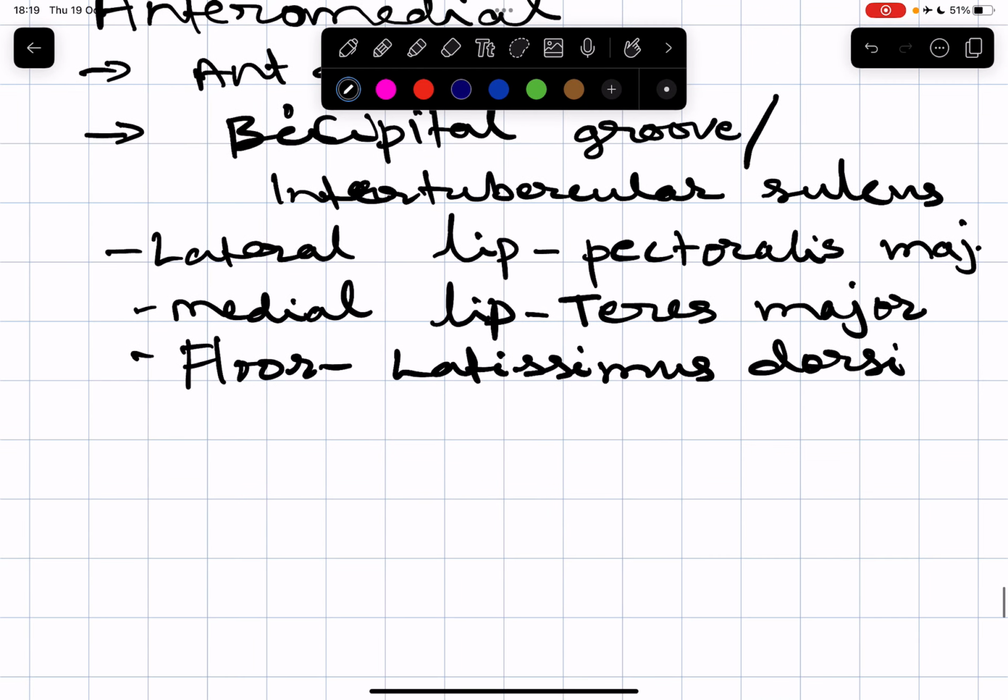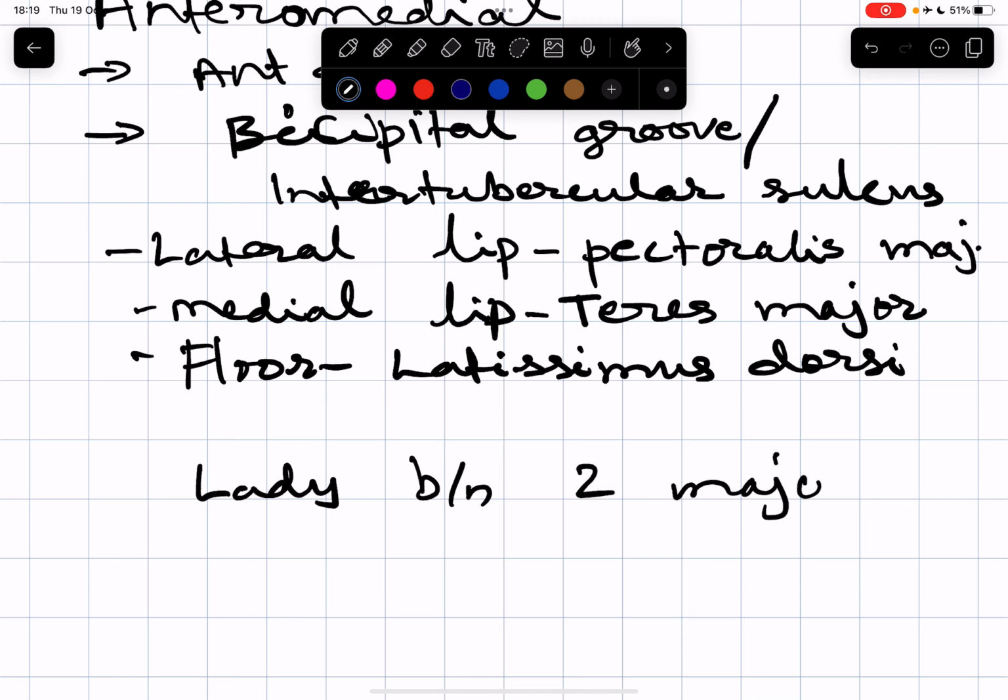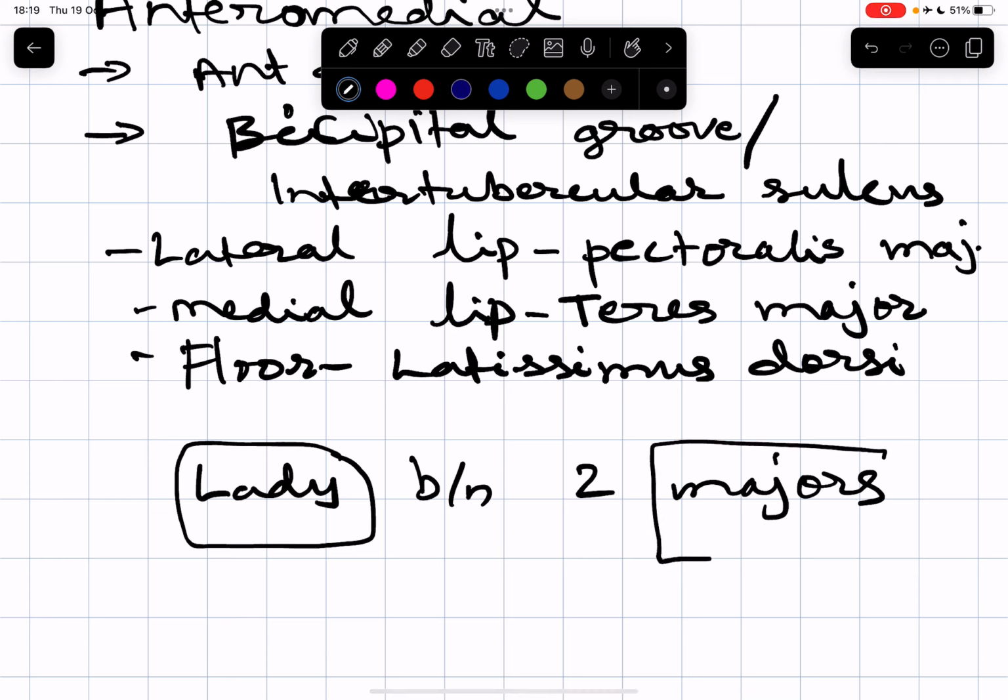Now how to remember this easily? It is remembered as this lady between two majors. So who is the lady? Latissimus dorsi is the lady. Who are the majors? Pectoralis major and teres major. Remember, pectoralis major is attached to the lateral lip and the teres major is attached to the medial lip.